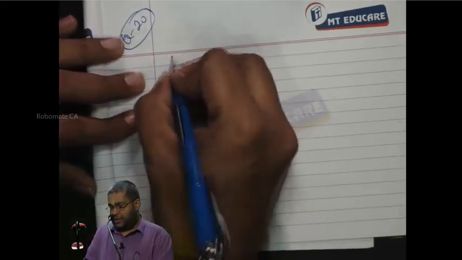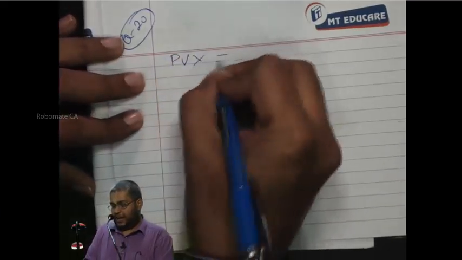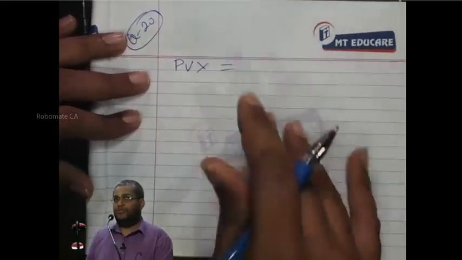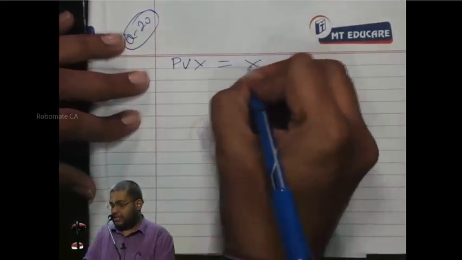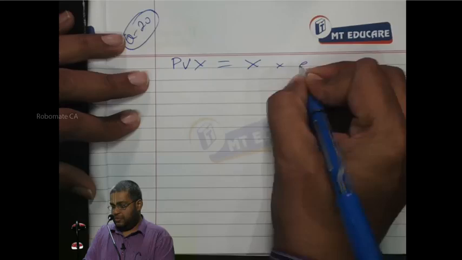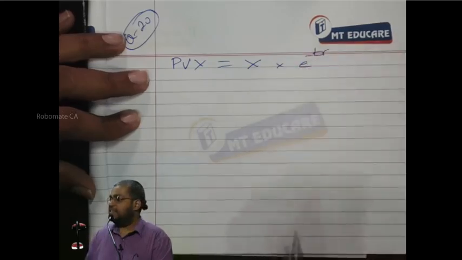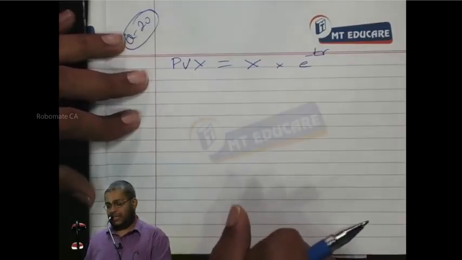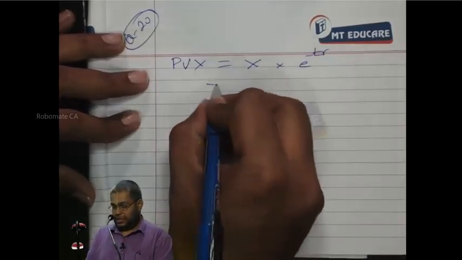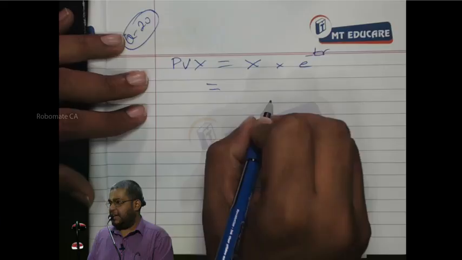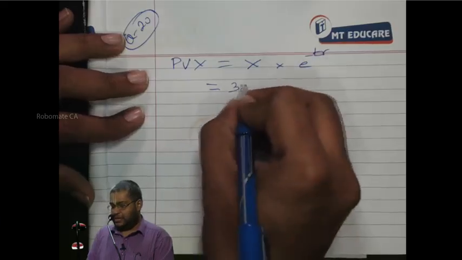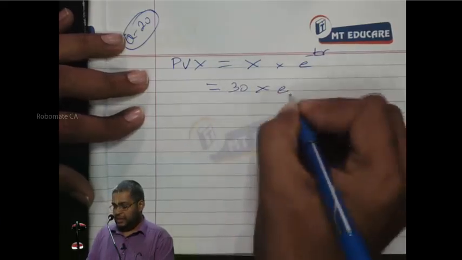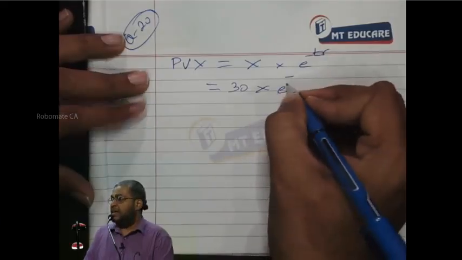Now write down: present value of strike price is equal to strike price into e power minus rt. What is the strike price here? 30 rupees, into e power minus rt.